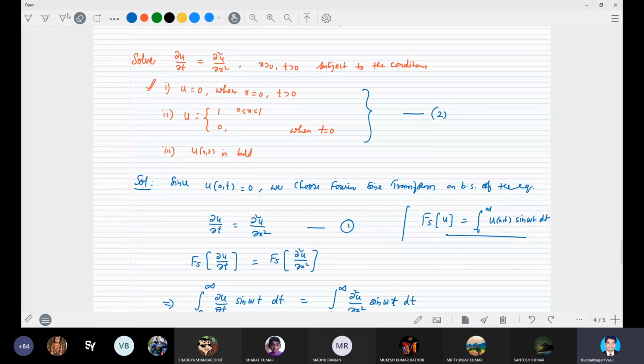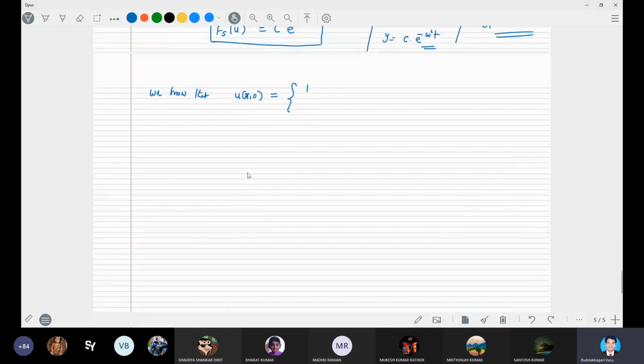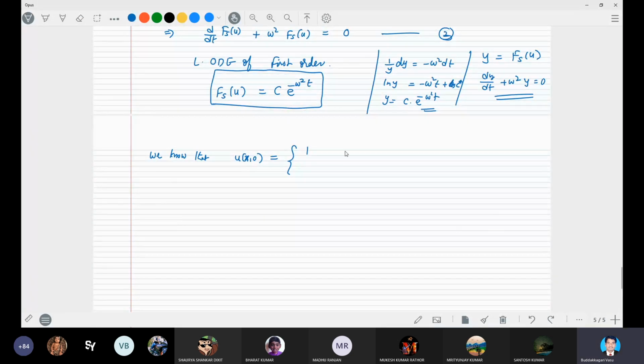Now take it. Here Fsu you have. So write it here also: Fourier sine transform of u(x,0) is equal to integral 0 to infinity u(x,0) sin ωx dx.